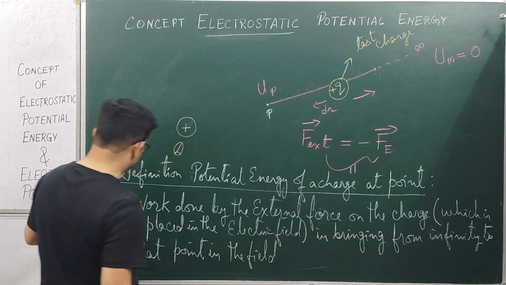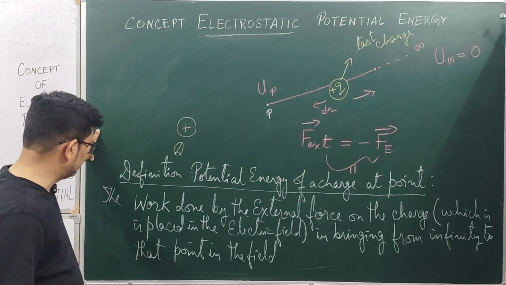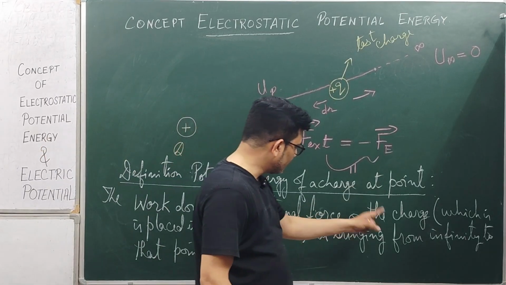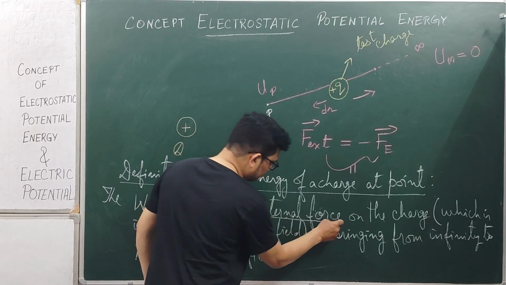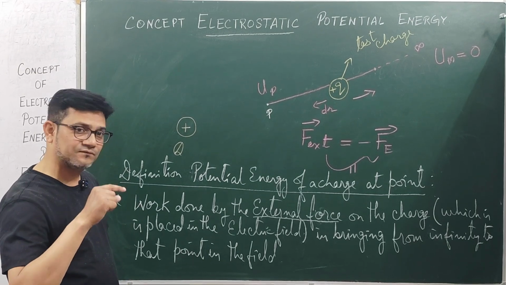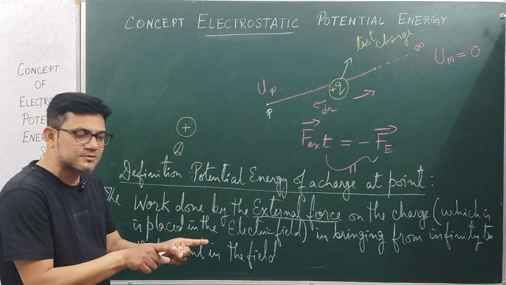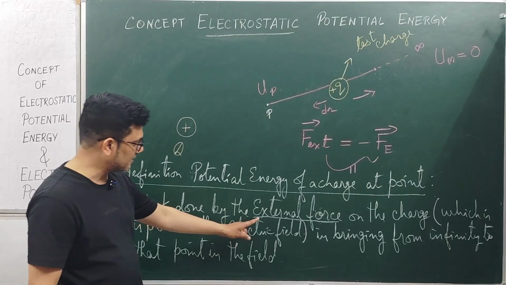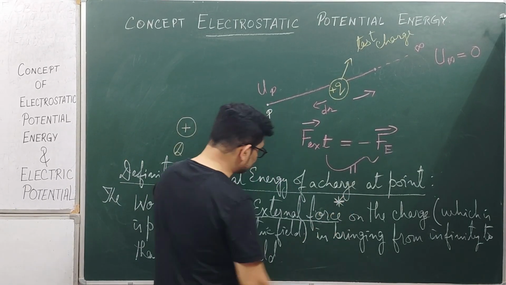So we can define this: the potential energy of a charge at a point could be defined as the work done by the external force on the charge. Now here we just need to remember this external force is exactly equal to the electrostatic force, equal in magnitude, opposite in direction, so that there is no acceleration. So that point has to be noted here clearly when we talk of external force.